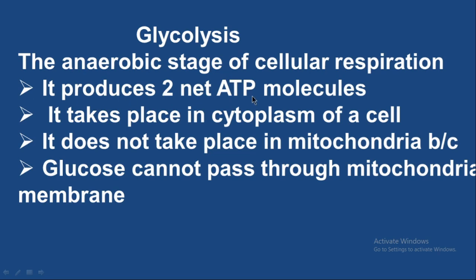At the end of glycolysis, 4 total ATP molecules are produced, but 2 ATP molecules are used as starting energy, as activation energy. Then 2 net ATP molecules are produced at the end of glycolysis. This glycolysis does not take place inside the mitochondrial membrane. Why? Because, if you remember, glucose is transported across the plasma membrane or membranes of the cell by facilitated diffusion, which we learned before.